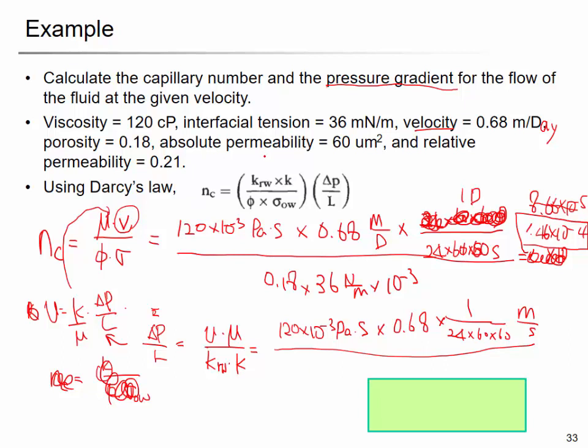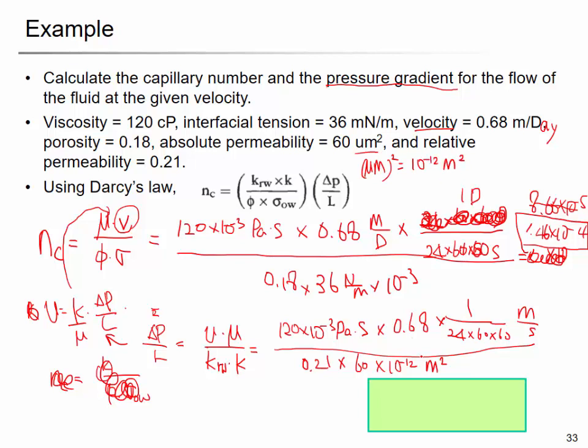So 0.21 times 60 times 10 to the negative 12 meter square. Here it is micrometer square, so this is 10 to the negative 12 meter square.